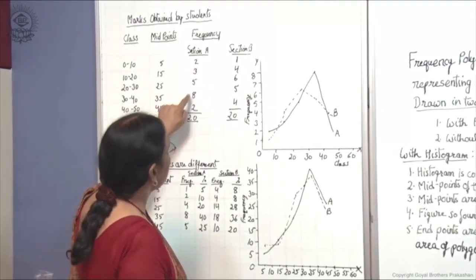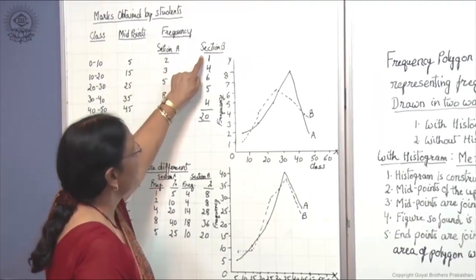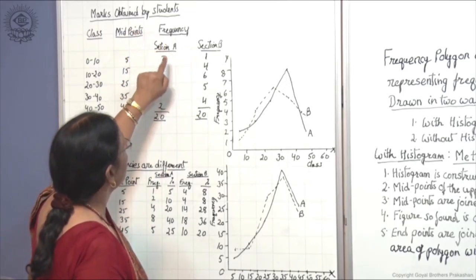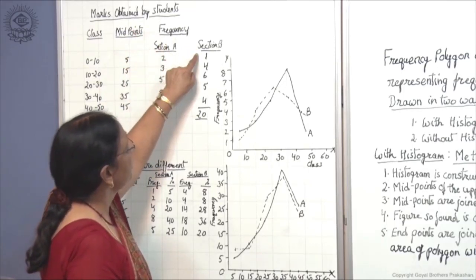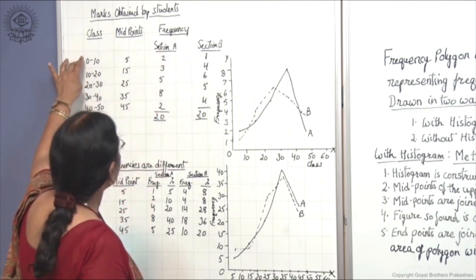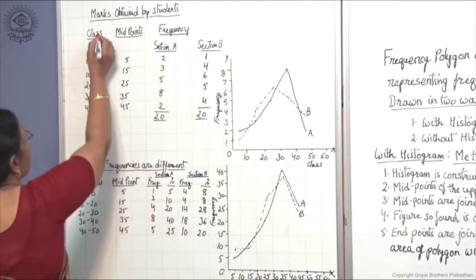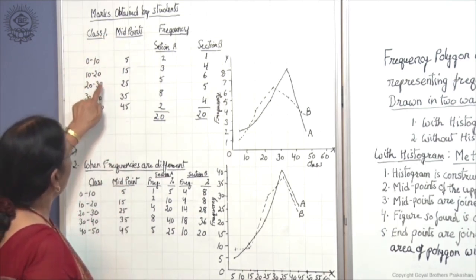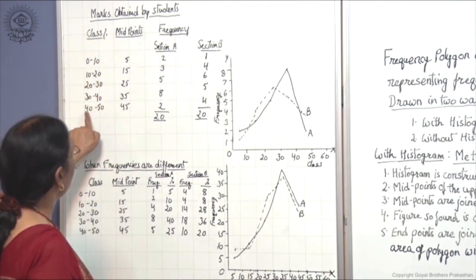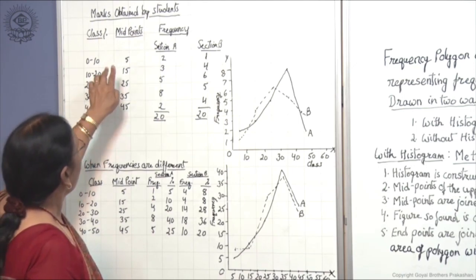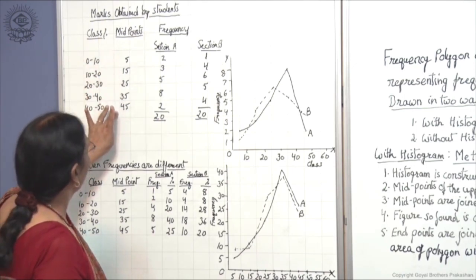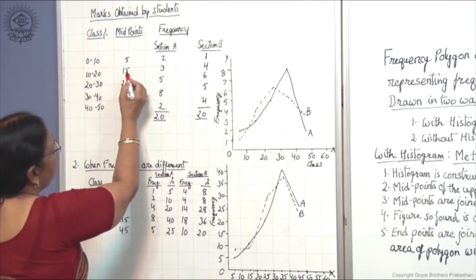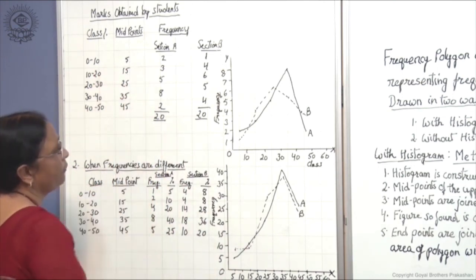So two frequencies I have taken, section A and section B. This means that marks are obtained by the students of section A and section B. Now this is the class interval: 0 to 10, 10 to 20, 20 to 30, 30 to 40, 40 to 50. And the midpoints we have taken in the same way as I calculated earlier, and we will get 5, 15, 25, 35 and 45.